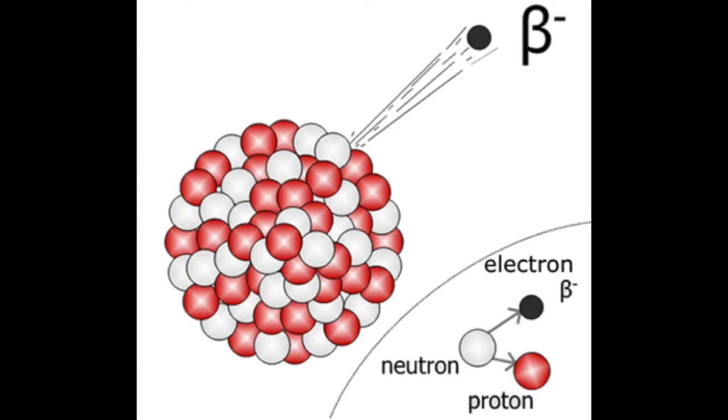Some of the unstable uranium nuclei split apart or decayed, producing particles that went right through the package and reacted with the film. Over the next 7 years, 3 different kinds of radioactivity were identified.